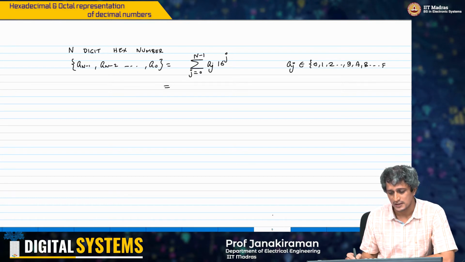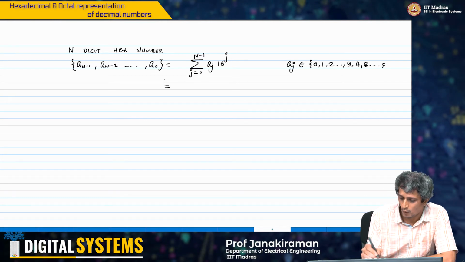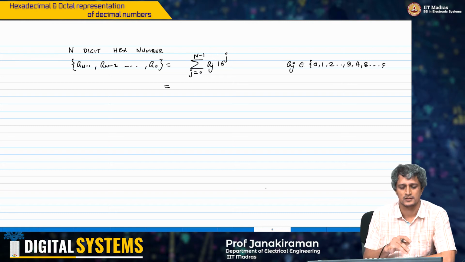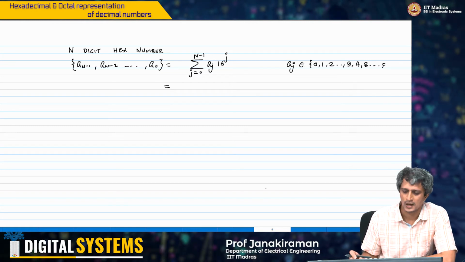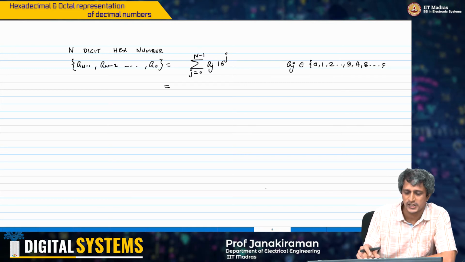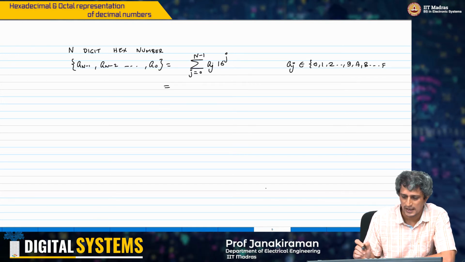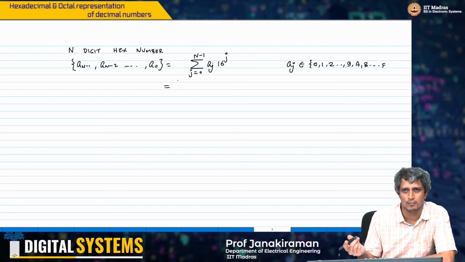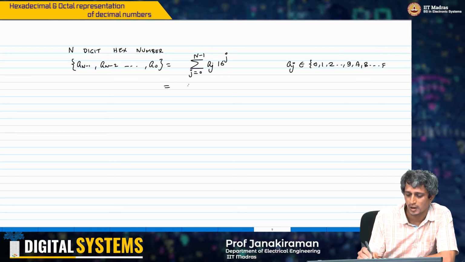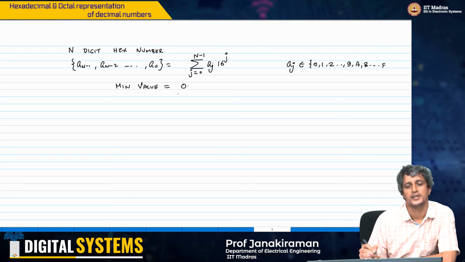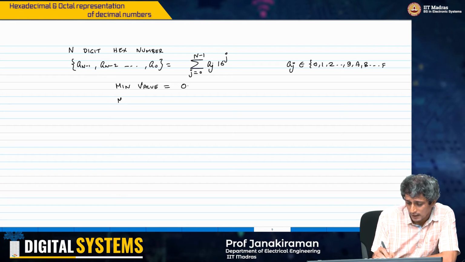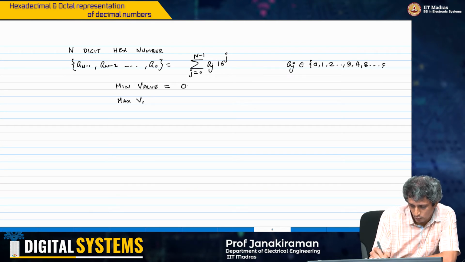So what is the minimum value that this n digit hexadecimal representation can give us? Each term on the right hand side is non-negative, each term being minimum gives the minimum value, and therefore the minimum value is 0.